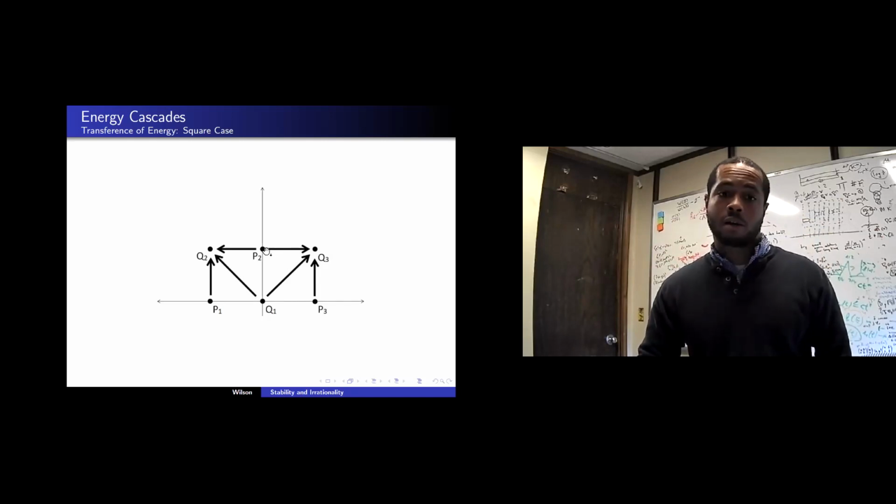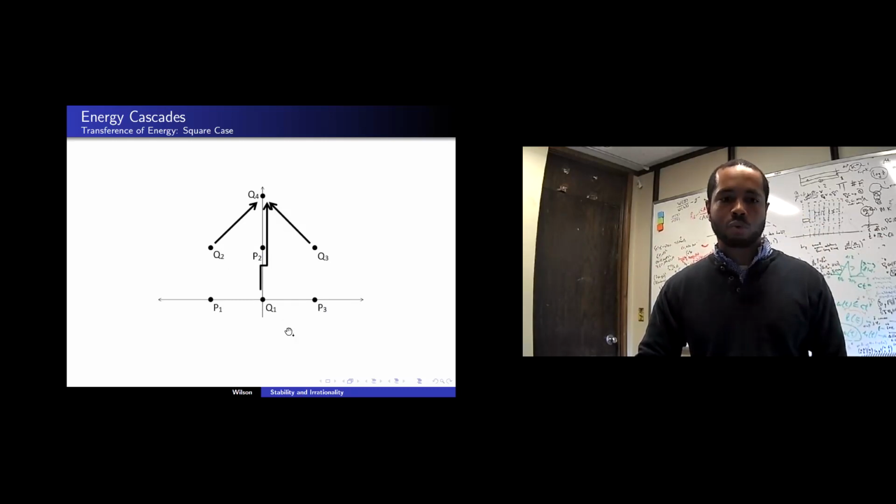And moreover, since I've activated P2, Q1, and P3 at time 1, I should have energy passing to Q3 as well. Okay, so far so good. I started off localized at P2, Q1, P3, P1. I've moved to Q2 and Q3 as well, but I haven't moved too far away.